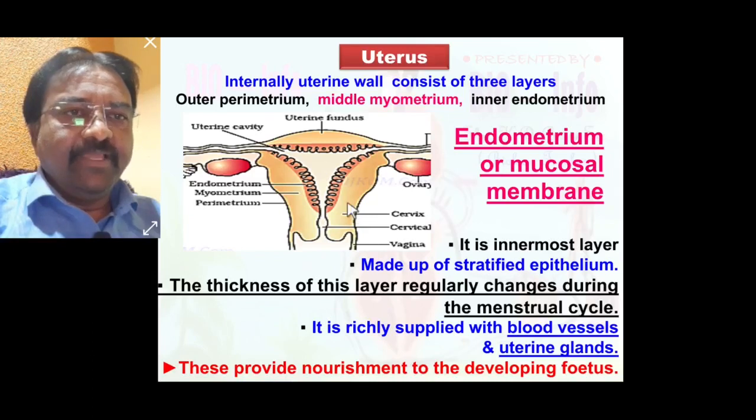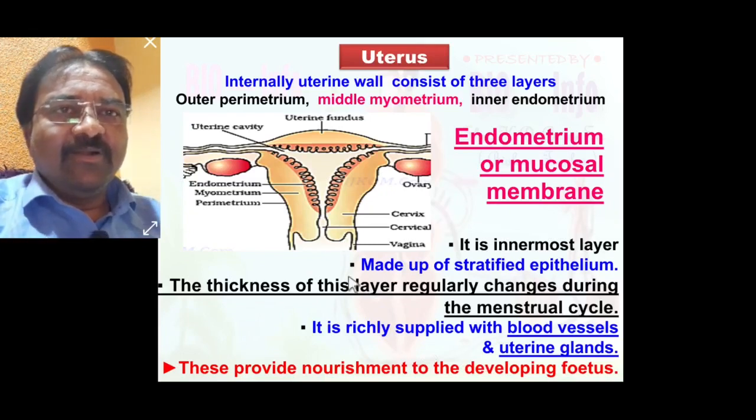So the developing embryo gets nourishment through the endometrium layer. So the endometrium is the most important layer, providing nourishment to the developing fetus. Here we discussed in detail all three layers of the uterine wall: outer perimetrium, middle myometrium, and inner endometrium.